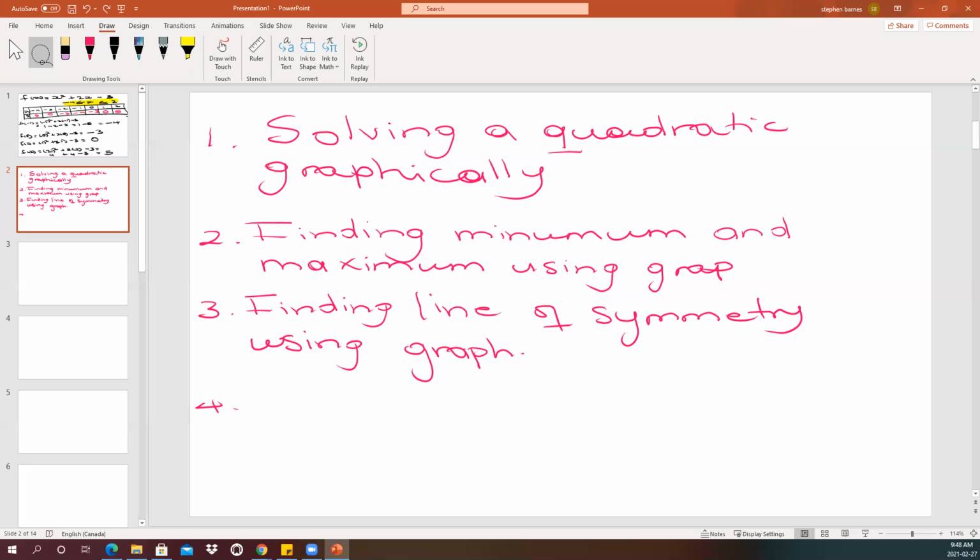So if you remember last week, when we did linear graphs, we could find the y-intercept and the gradient with or without using the graph. This is the same thing this week. We're finding the minimum or maximum, as well as the line of symmetry, with and without using the graph.